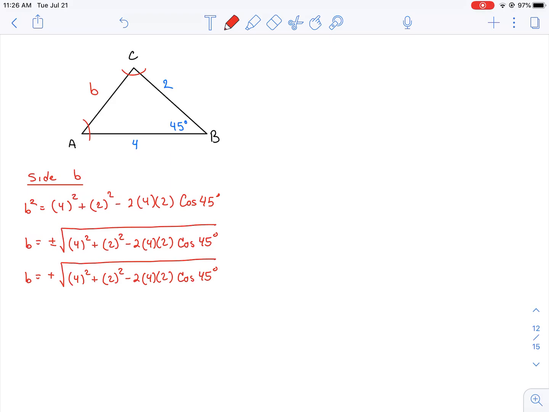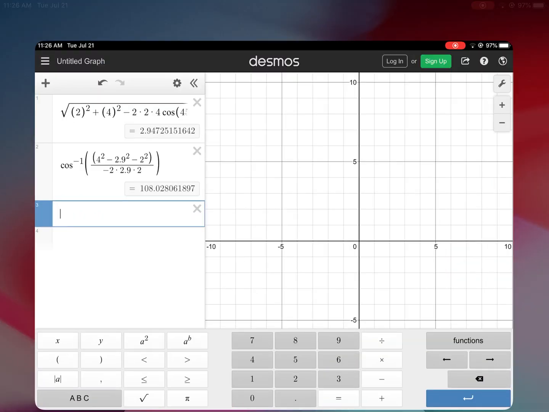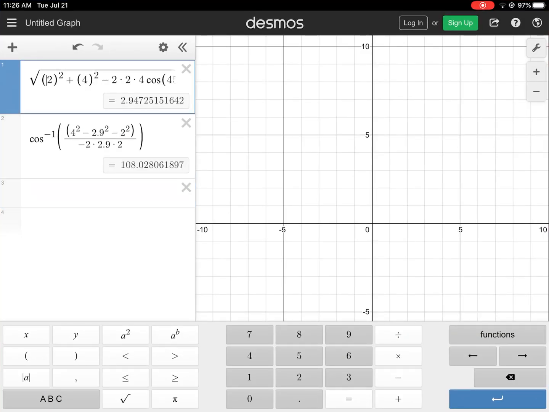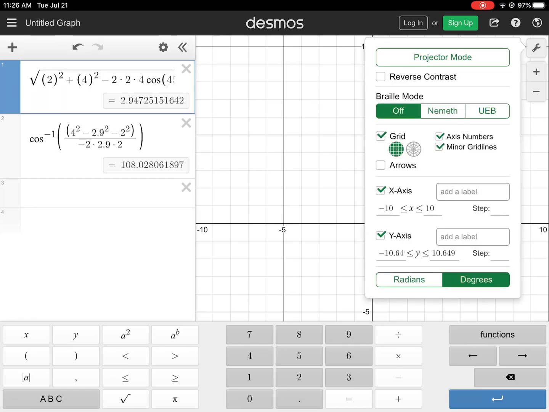And we're going to evaluate that square root in Desmos. So notice that I've already have the square root expression entered into Desmos. And I just want to make sure that I'm in degree mode. So hit the wrench, and yes, I'm in degree mode. That's good.